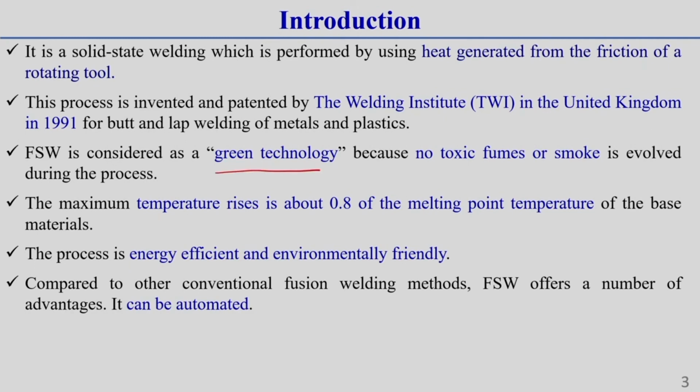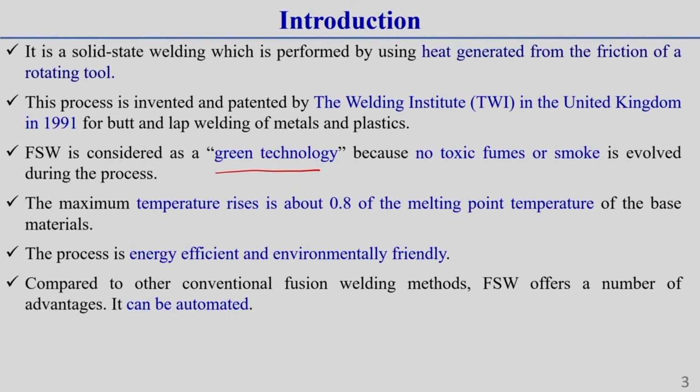This is a very important terminology in the manufacturing industry, because once something is green technology, its acceptance is greater in any manufacturing industry, since there are no polluting toxic fumes or smokes. The maximum temperature reached in this welding process is around 0.8 times the melting point temperature, that means around 80% of the melting point temperature of the parent materials.